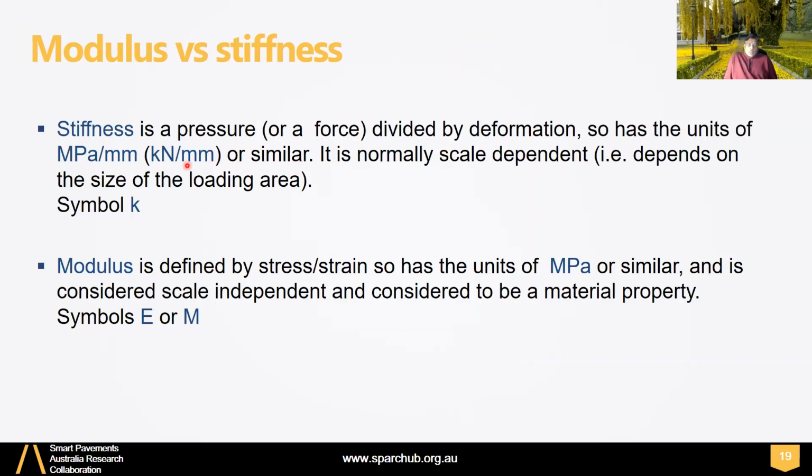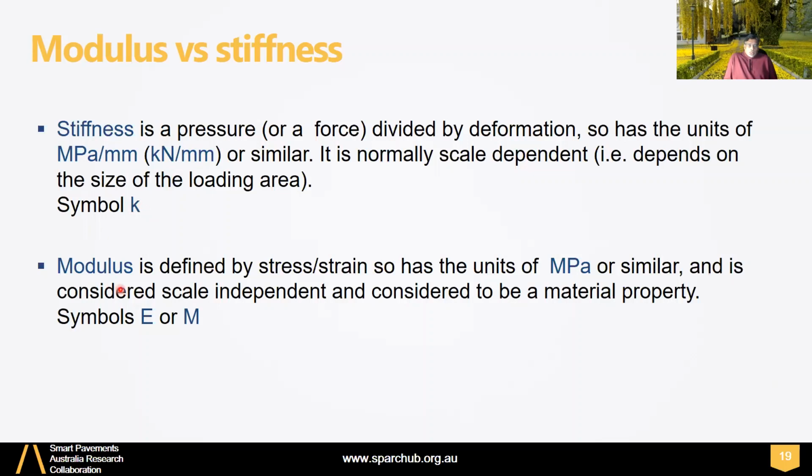Because of this millimeter or length scale, it is normally scale dependent. That means it depends on the size of the loading area and the configuration. Sometimes the symbol K is used for stiffness. So it is not really a material property; it's related, but it is a function of the loading configuration.